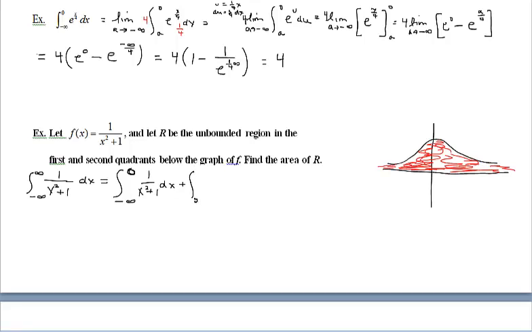And then I'm going to add the integral from 0 to positive infinity. Okay, both of these are improper, so I'll have to rewrite them as proper integrals. So the limit as, I guess here we'd say, a goes to negative infinity, and then from a to 0.